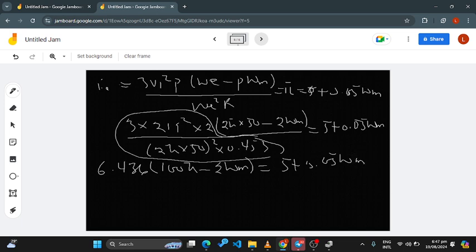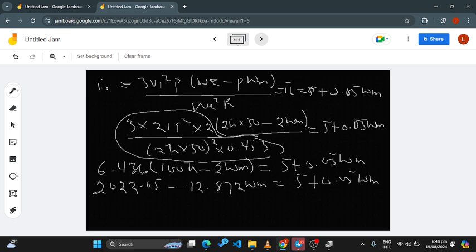Then this times 100 pi will give us 2022.05, and minus this one will give us 12.872 omega m, equal to 5 plus 0.05 omega m.